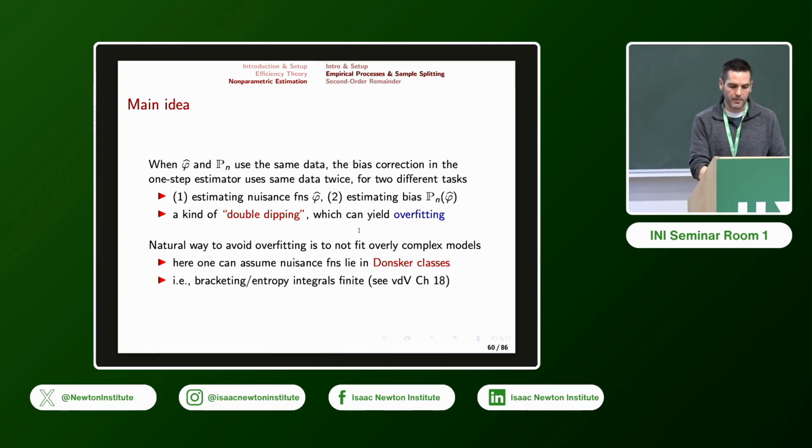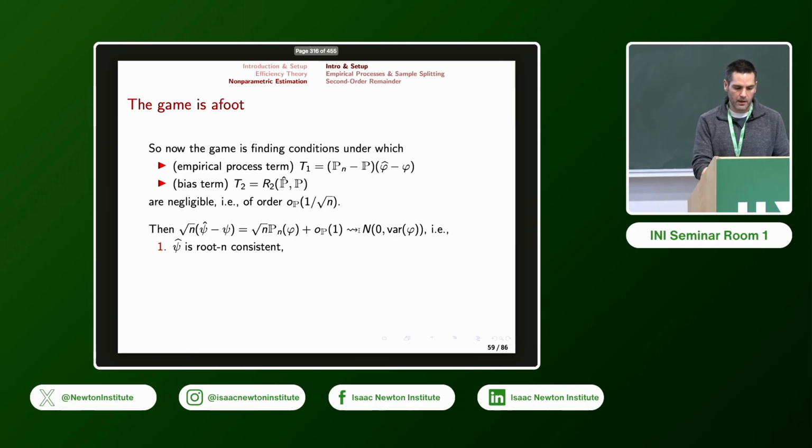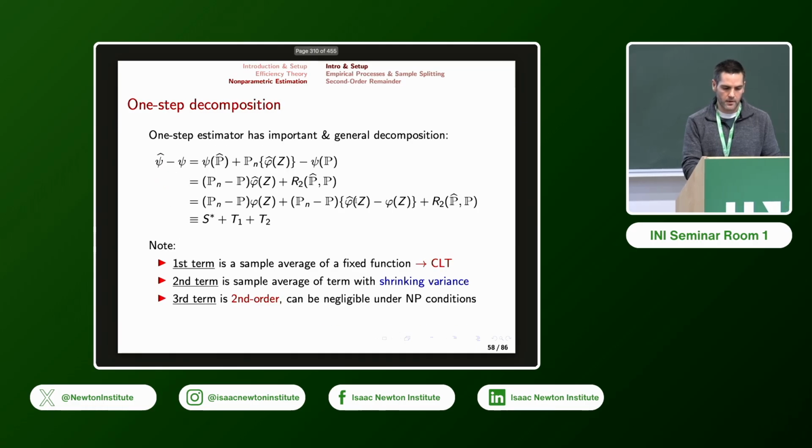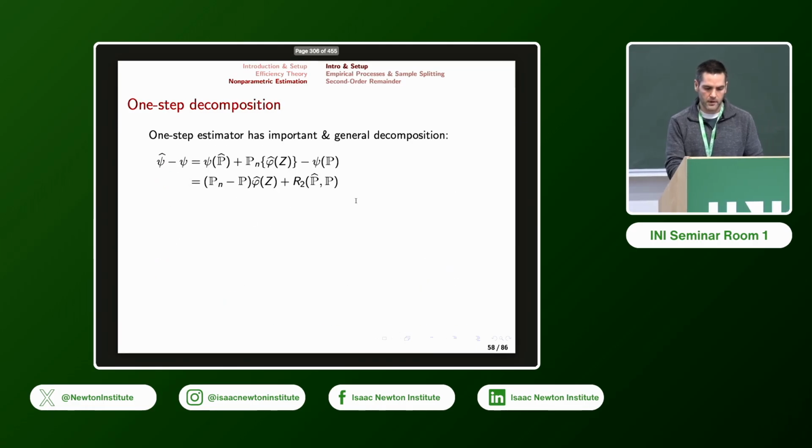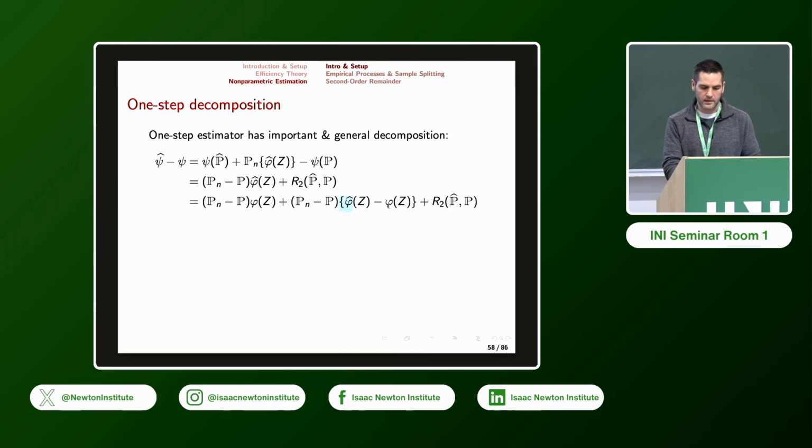And now we need to be a bit more careful. You can imagine if I've estimated phi hat on a separate sample from this Pn, where I'm averaging things, I can just condition on that separate sample. I can use a simple Markov inequality type analysis and I'm done.